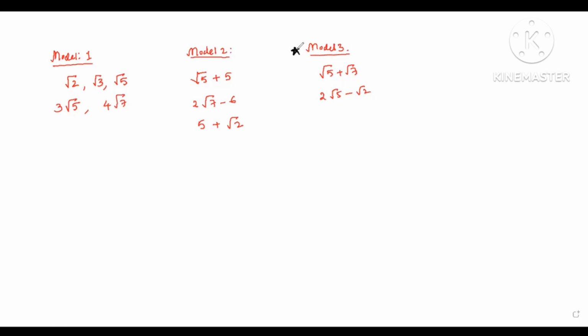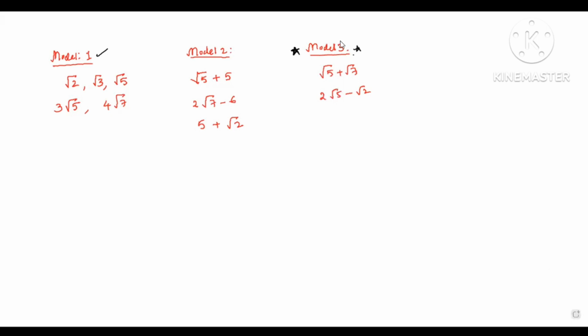Model 1 you may not get for a 6 mark question, it will be given as 4 marks questions. Model 2 also. But you have to learn all these models, as we can't expect what you get in the examination. Let us go with the first model, model number 1.